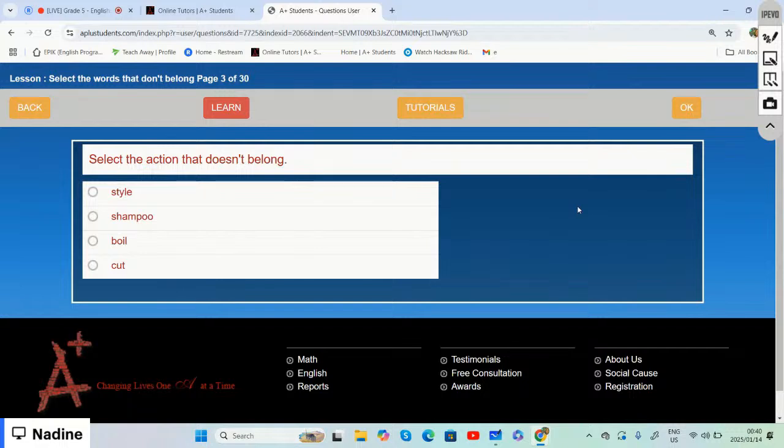And if we were to select the action that does not belong, look at it again. It says you style, shampoo, boil, cut.